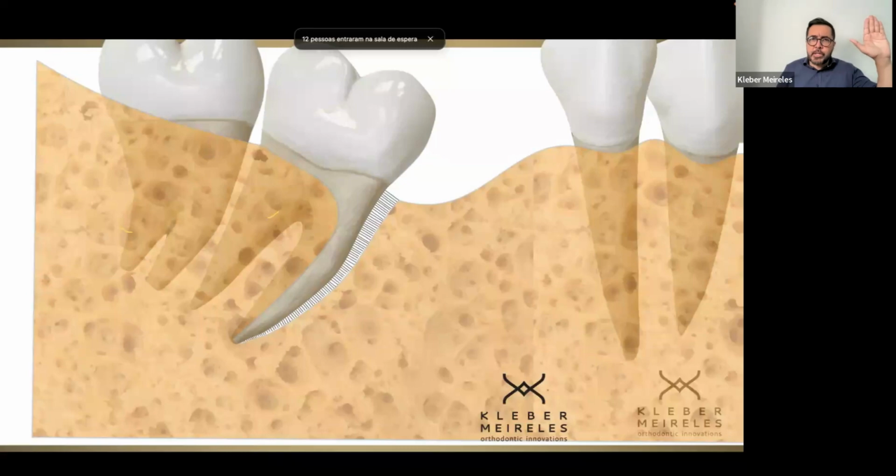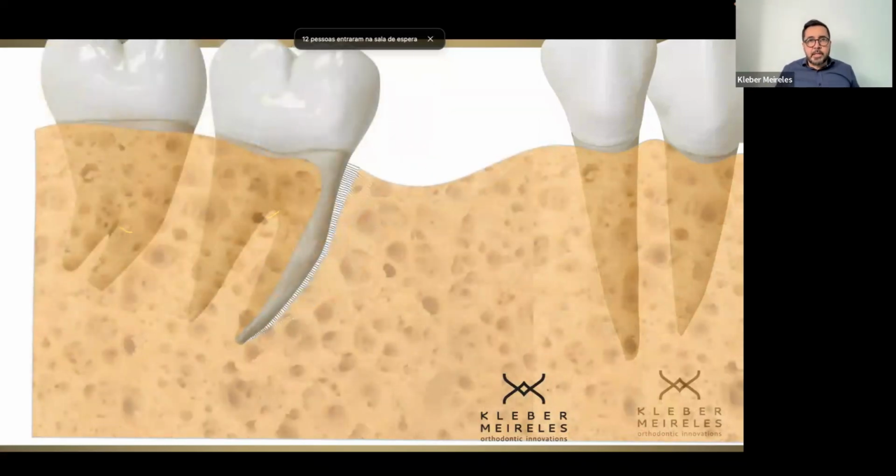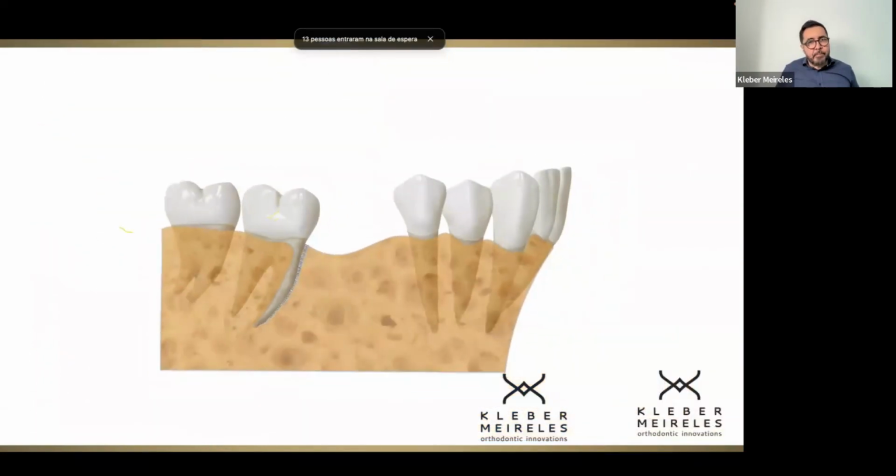Slow extrusion will make the bone follow the movement because of the stretching of the periodontal fibers, and since we don't have inflammation there at this moment, we are going to have a good movement of the bone following the movement of the root. So this is what we want, and when we have it, now we are going to close the gap.